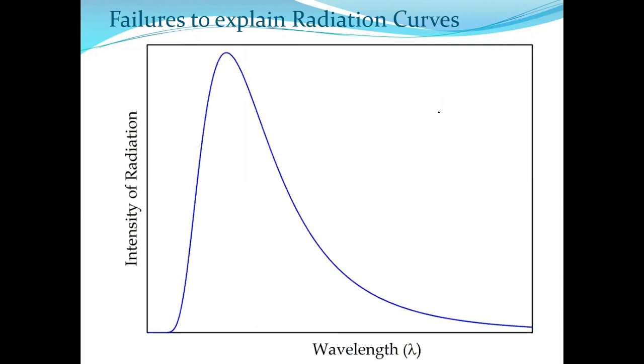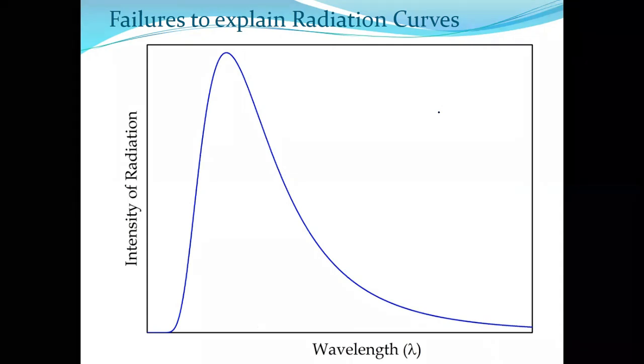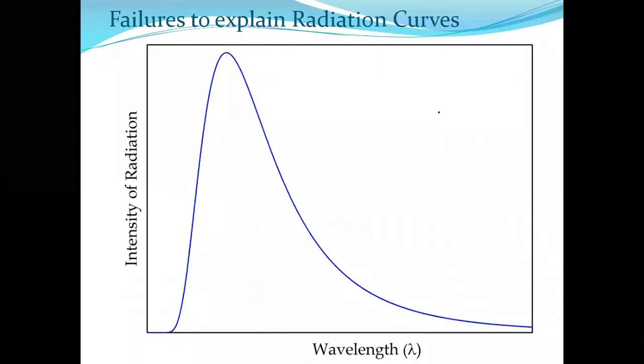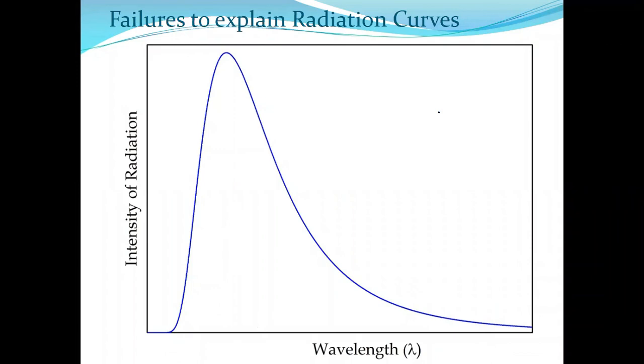But if we want to interpret this curve, that means this experimental curve, scientists needed a formula with the help of which this curve can be drawn. If I know the formula, I can draw this curve. There were so many attempts at that time, but all of them were failures.